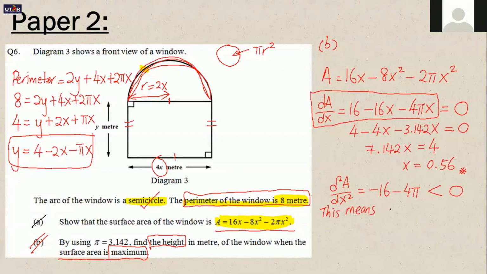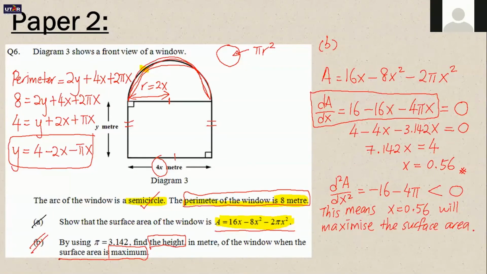This means x equal to 0.56 will maximize the surface area. So it fulfills our question.